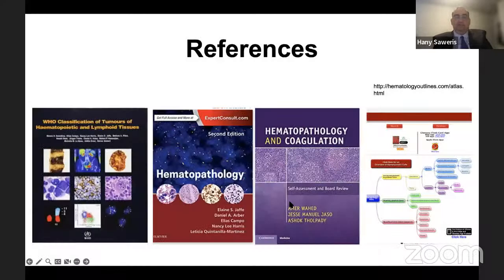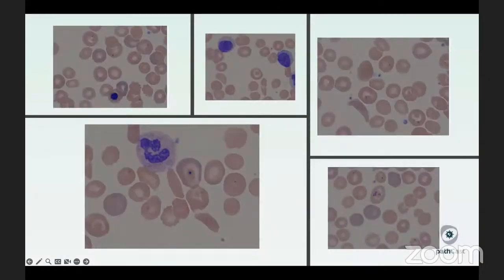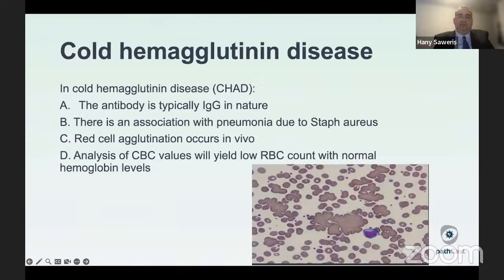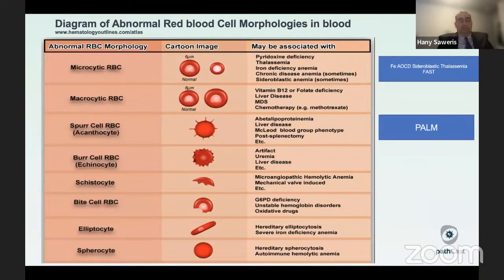Can you see the presentation now? Yes. Okay. Yeah, these are the different morphologies. This is the cartoon. Yes, exactly.